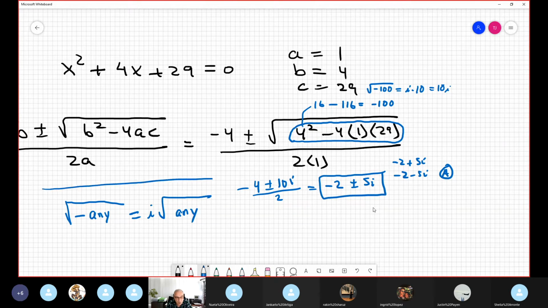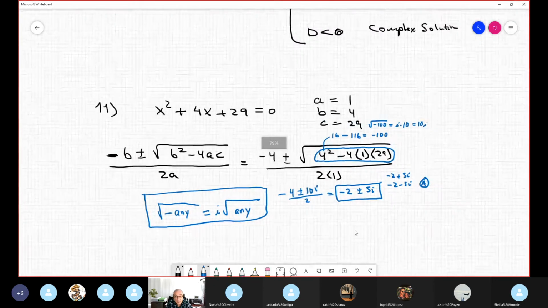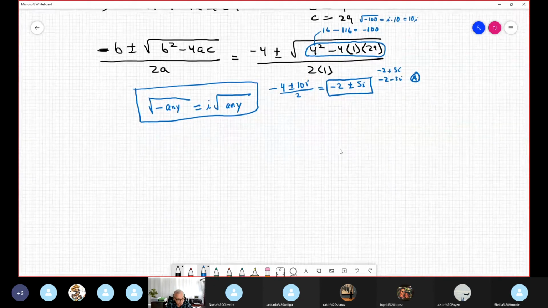Keep in mind that formula. You don't know at the beginning. You compute the expression inside the radical, the discriminant, and you suddenly obtain negative 100. Then negative 100 is imaginary. And together, imaginary and real is complex.